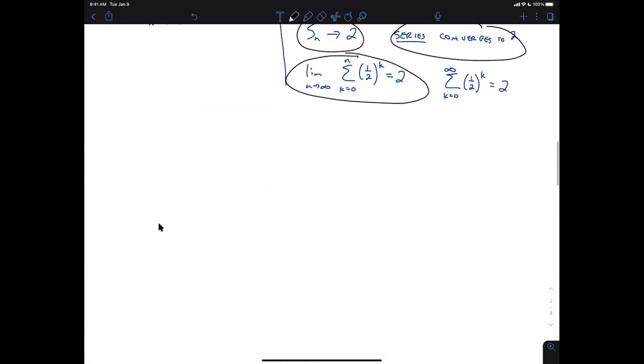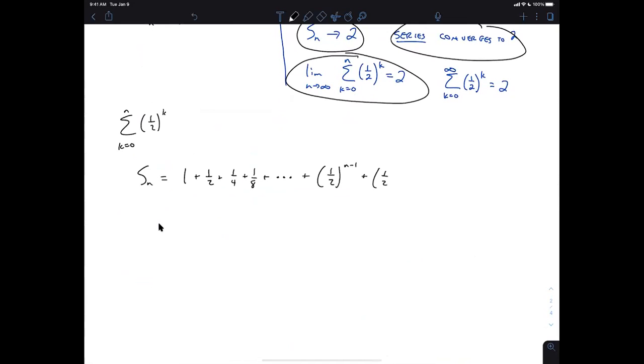But if you look at this one, we could do the same thing. If I go the sum k equals 0 to n of 1/2 to the k, Sn is 1 plus 1/2 plus 1/4 plus 1/8 plus 1/2 to the n minus 1 plus 1/2 to the n. I would then multiply by 1/2 because it would get all the terms to shift.